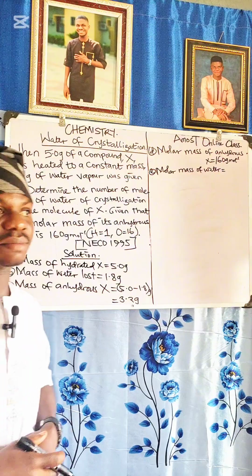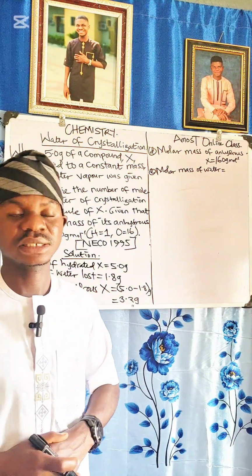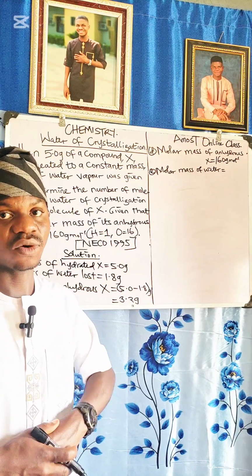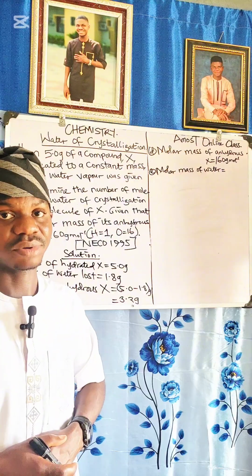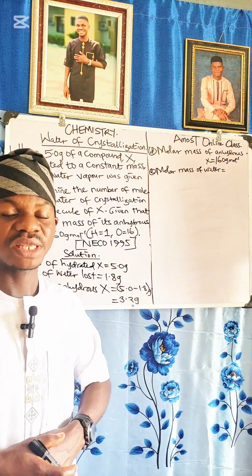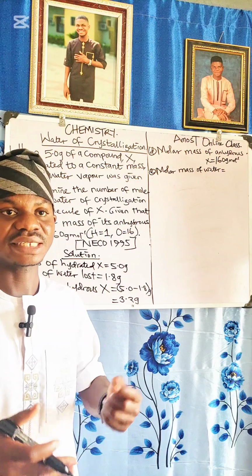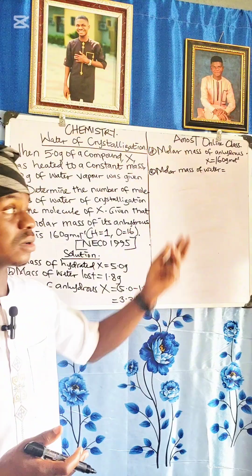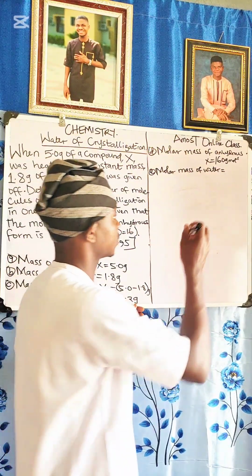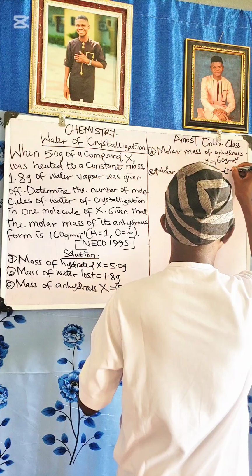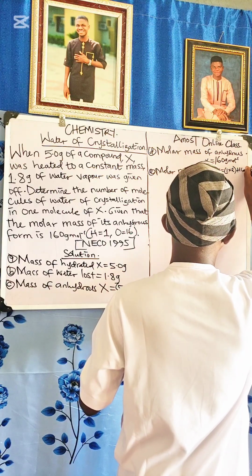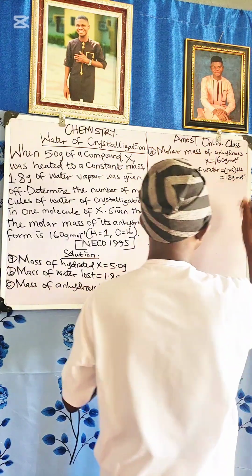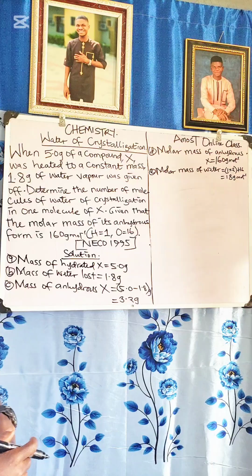We can find the molar mass of water by summing up the molar masses of hydrogen, 1 gram per mole, and oxygen, 16 grams per mole. Recall that in water there are 2 atoms of hydrogen, so 2 times 1 is 2, plus 16 is equal to 18 grams per mole. The molar mass of water is 18 grams per mole.